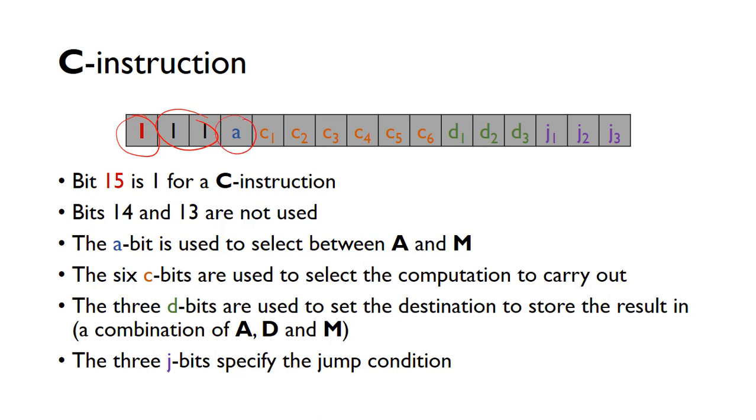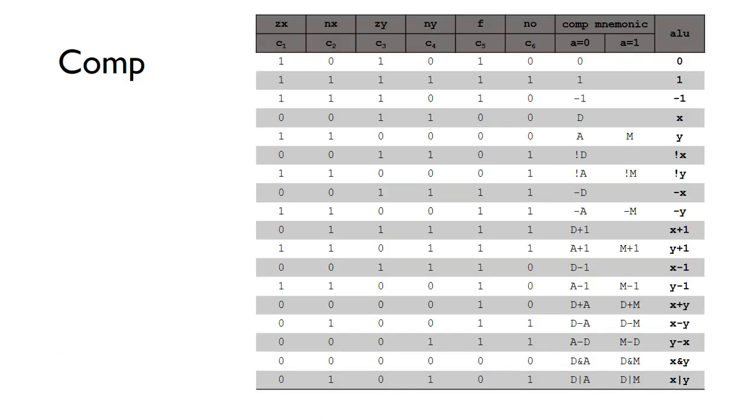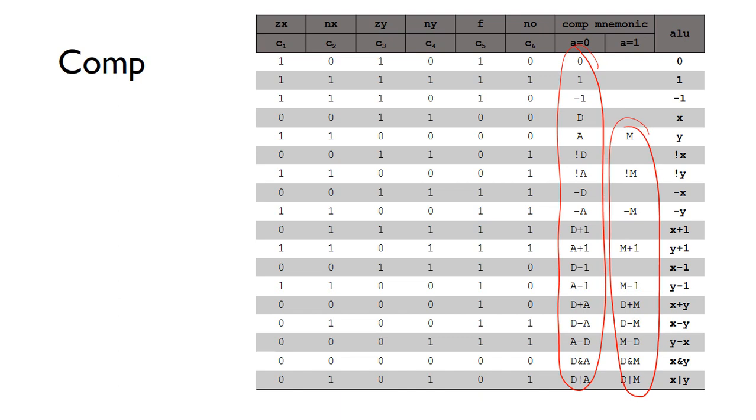Get the correct A bit, so look at the table of computations, get the A bit, get the actual opcode for the operation, set the required destination, and the required jump if there is one. This table outlines the different computations that the Hack computer can do. There are 2 columns.